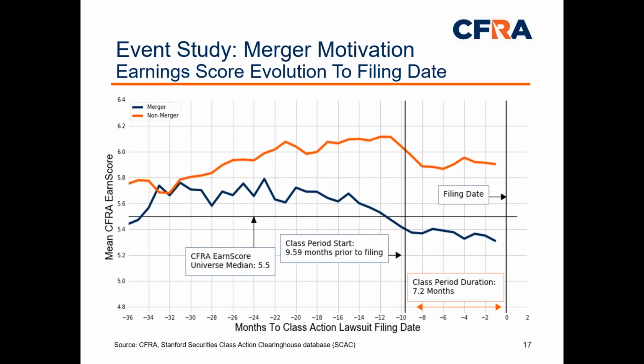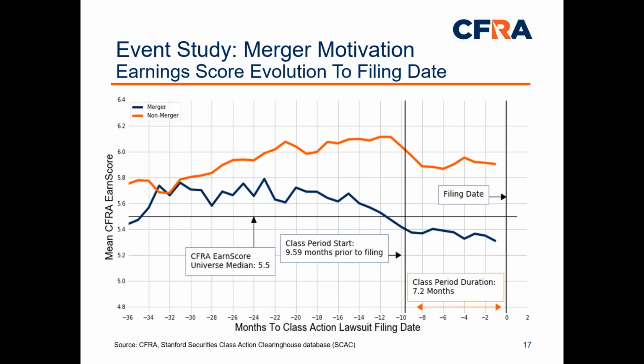Our last event study we want to point out is when we split our observations based on whether or not the case was motivated by a merger announcement. We view merger-motivated class action lawsuits as fundamentally different issues compared to those not motivated by mergers.